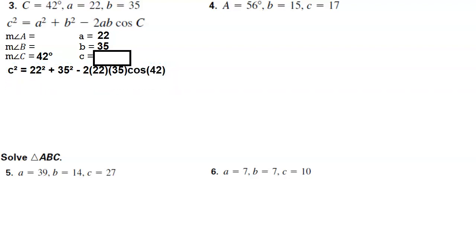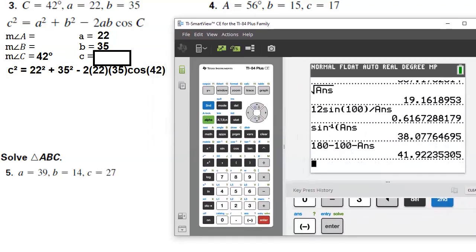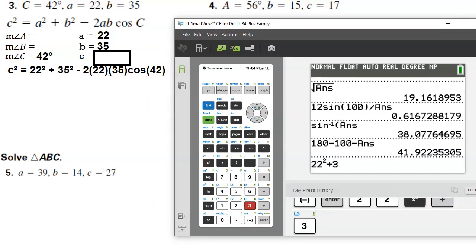So again, the law of cosines, just like I said before, it is a really, really intimidating looking problem, and then it turns out it's really not that bad.